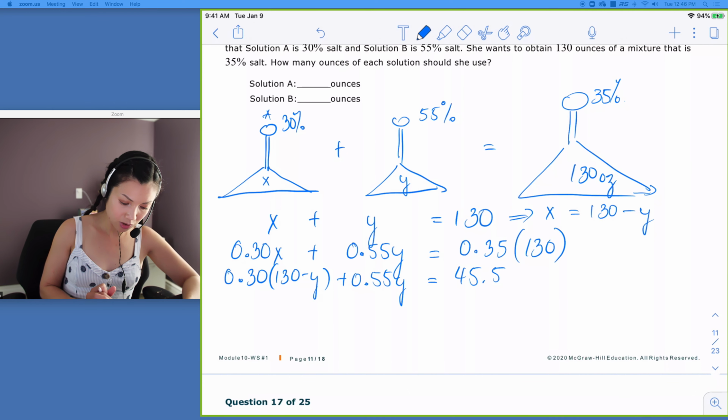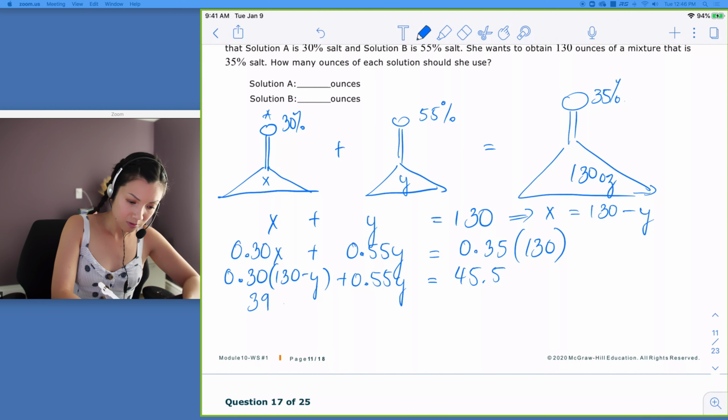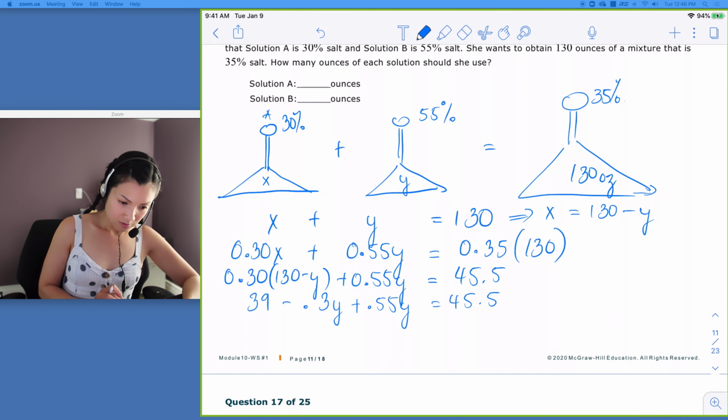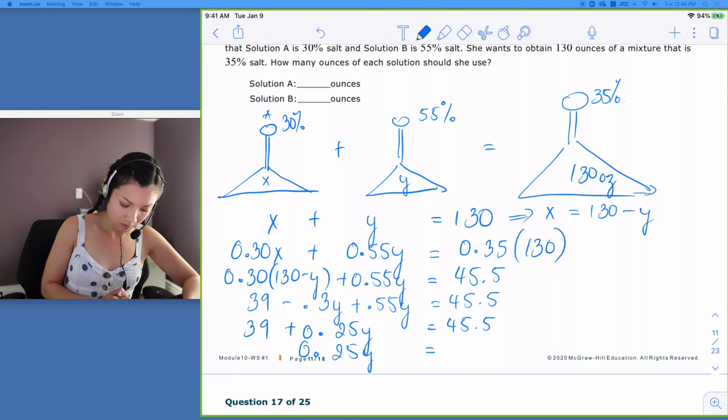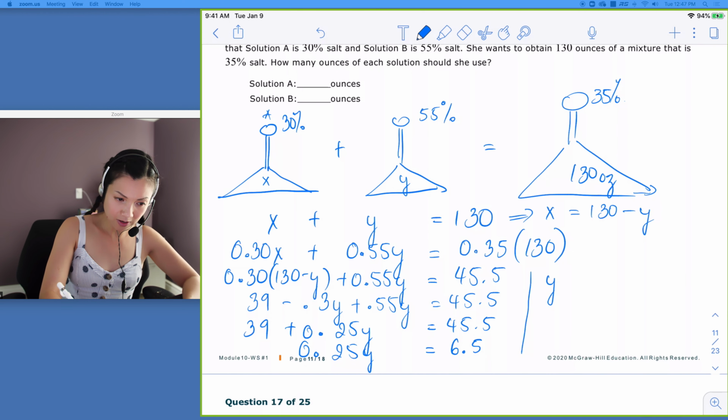I'm going to go ahead and distribute. So after I divide, I got solution B is going to be 26 ounces.